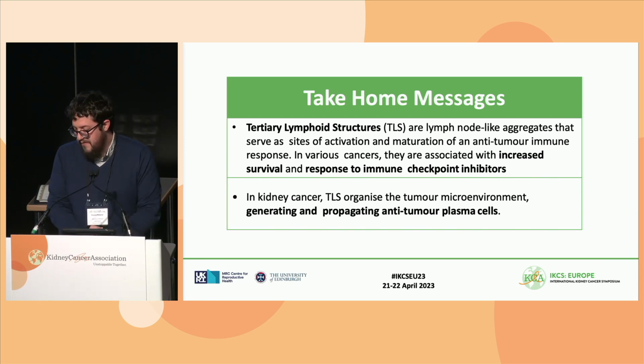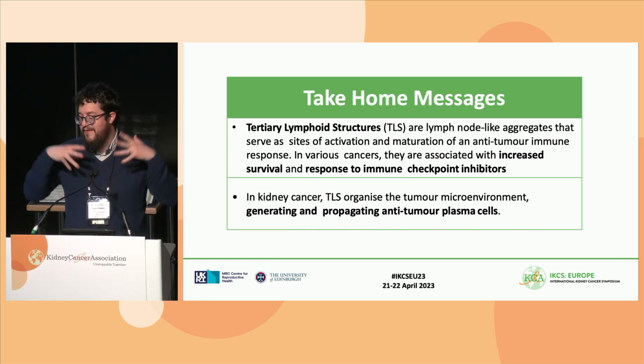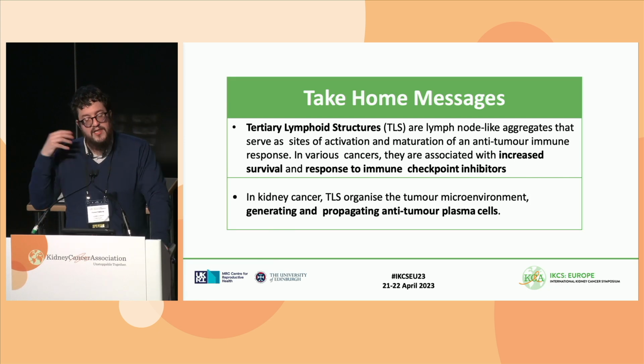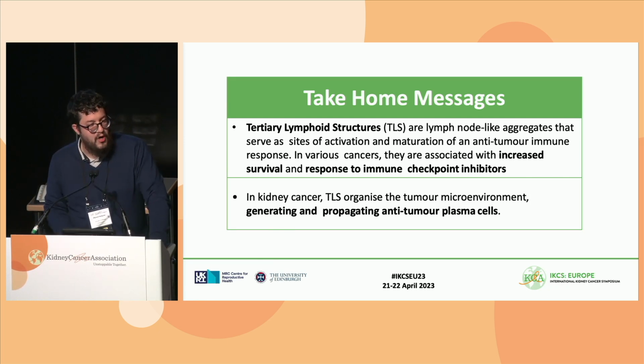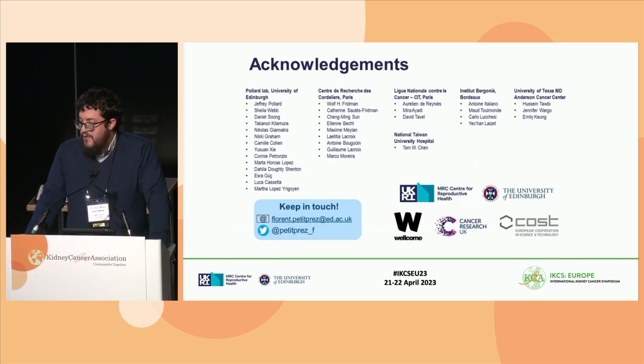And in clear cell renal cell carcinoma, we showed that these tertiary infrastructures organize their tumor microenvironment and that they generate and propagate anti-tumor plasma cells that will lead to a higher apoptosis of tumor cells and a higher response to immune checkpoint inhibitors. So with that, I'd like to thank all these amazing scientists I had the chance to work with, and all of you for your attention.